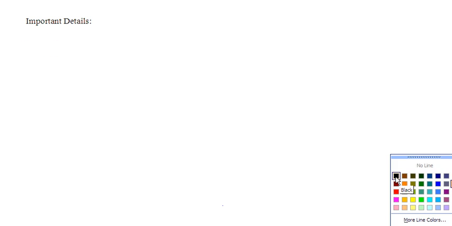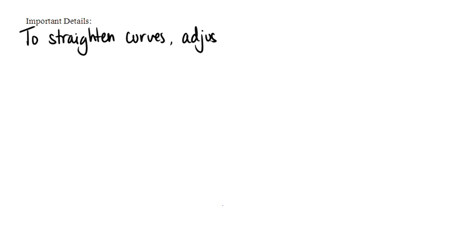Now, some important details to remember. You do need to remember what all 3 curves look like and how to straighten them. So to straighten curves, remember we adjust the x-axis. You cannot touch the y because that depends on nature, but you can do whatever you want to that x-axis that you chose.